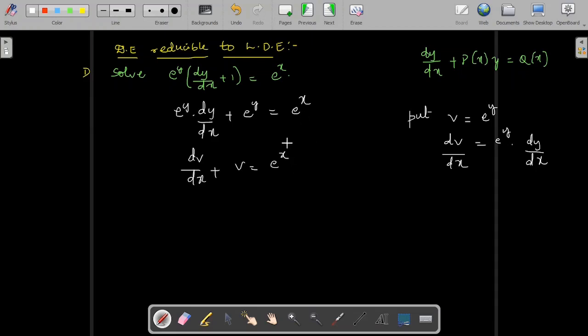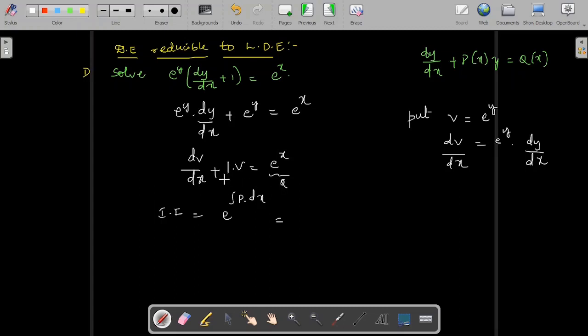See now, it got reduced to a linear differential equation in the variable v, where the dependent variable is v. Now you know how to solve this using the integrating factor e to the power integral of p into dx. So compare: in the place of p you have 1, in the place of q you have e power x.